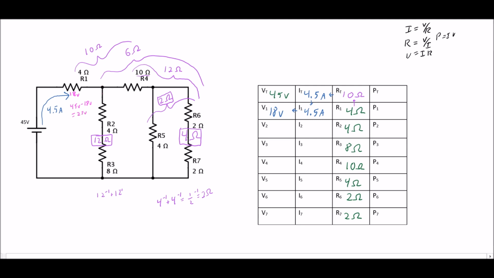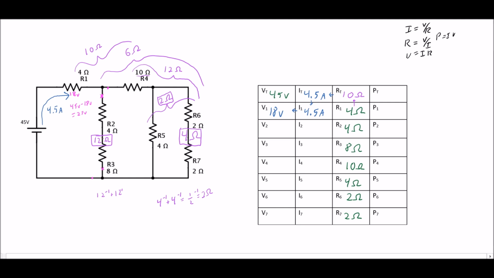So that's for this branch right here, as well as this branch starting right here all the way to basically down here. So what that means is from this X to this X is 27 volts. So we know that this whole branch is 27 volts.